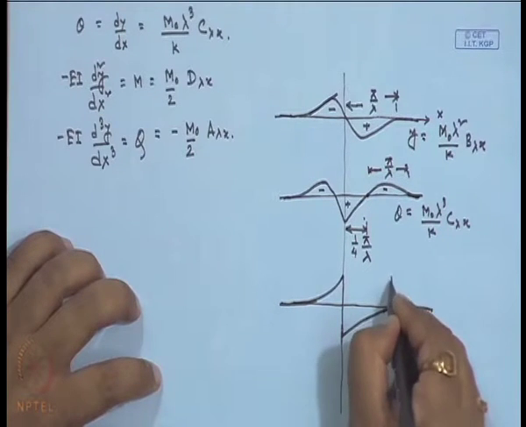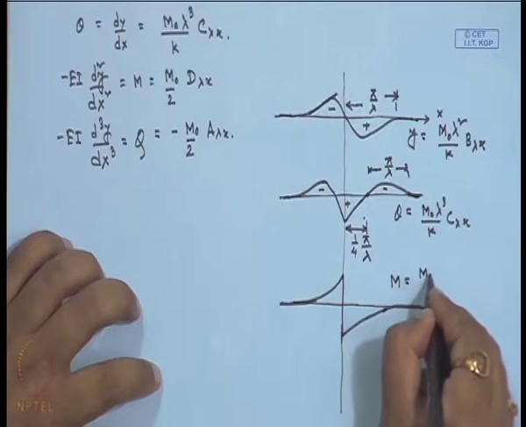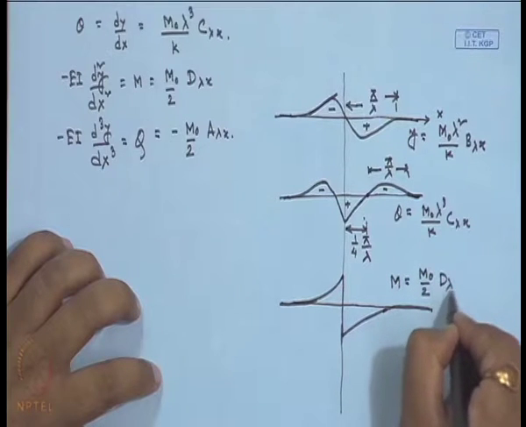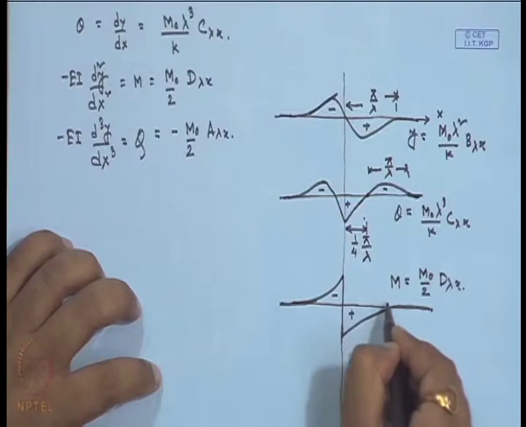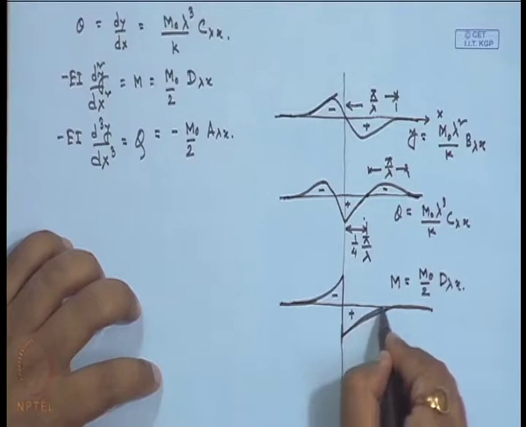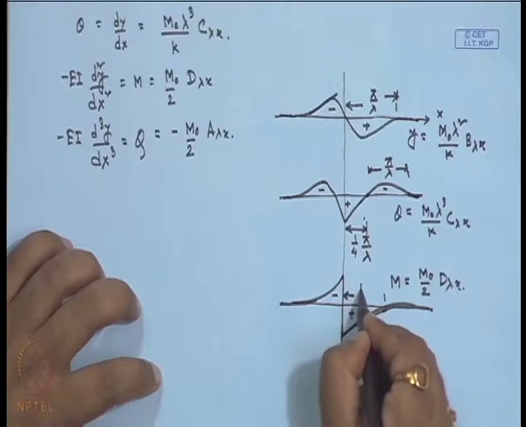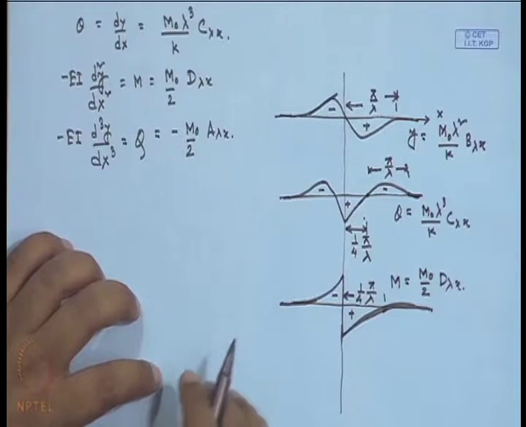So, the m that is equal to m 0 by 2 into d lambda x. So, this is negative, this is positive, on the point where it is just going upward direction. So, that point will be 1 by 4 pi by lambda.